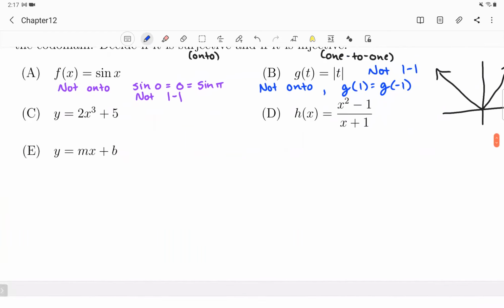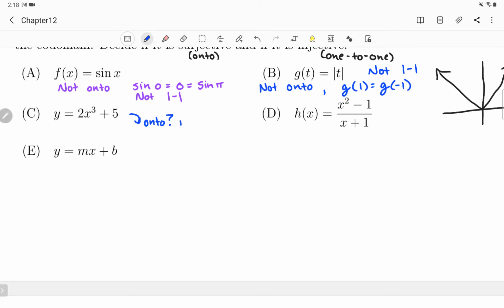So let's look at C. This one's a little harder maybe for you to tell off the top of your head, unless you just remember how these graphs look, which some of you might, but let's pretend you don't. If I want to figure out if C is onto, here's what I can do. Onto means it needs to output every single real number at some point, right?